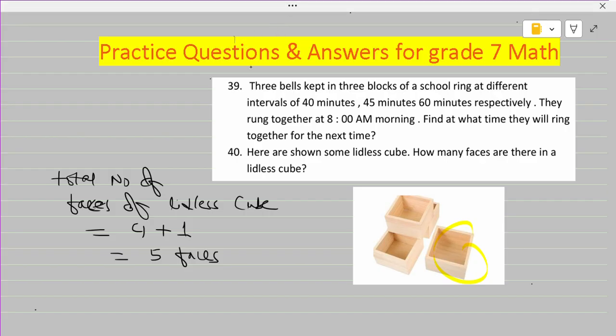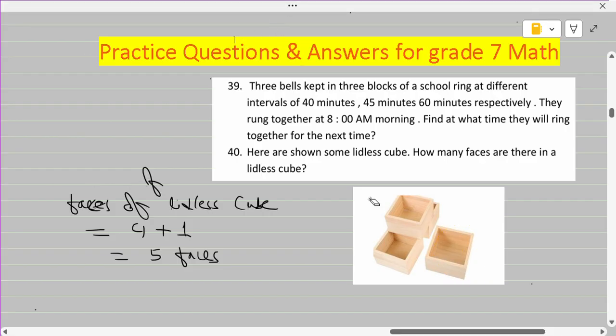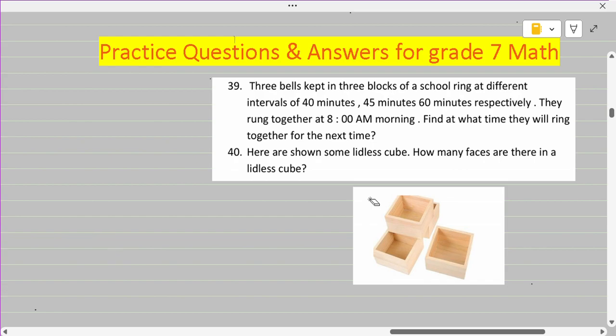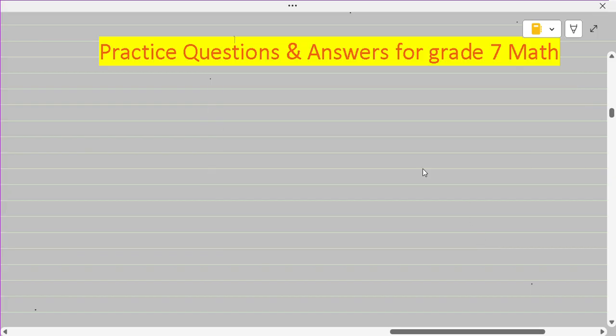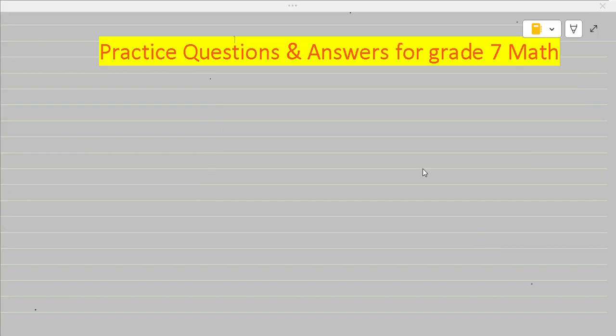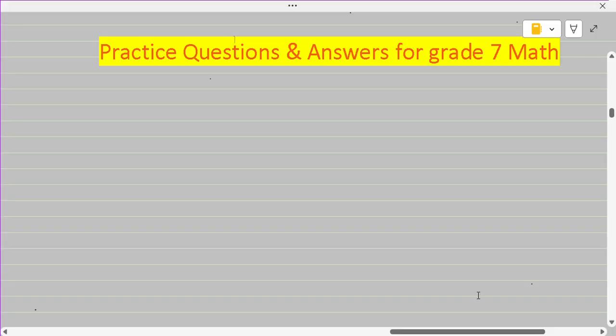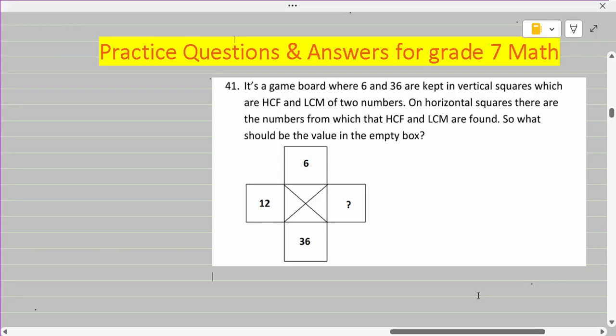Now on to 41. First I do number 41 here. What is said here?